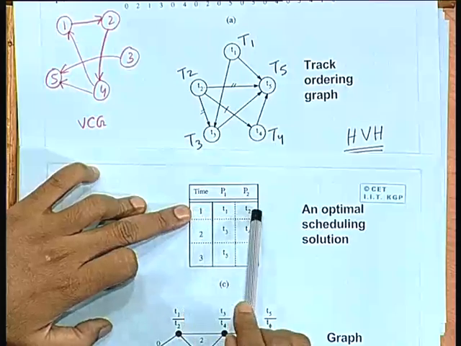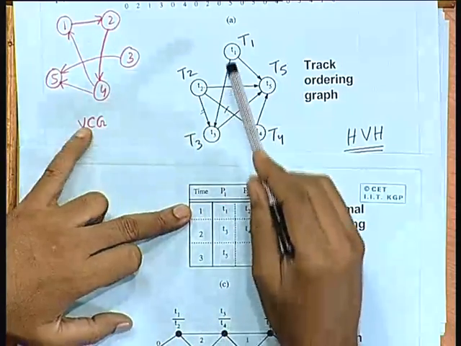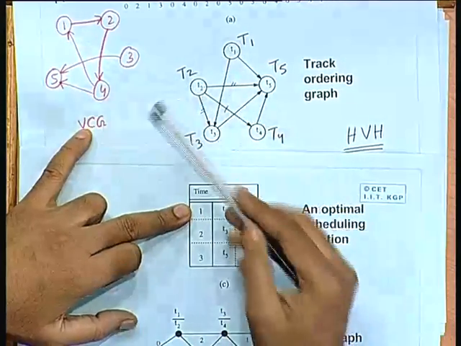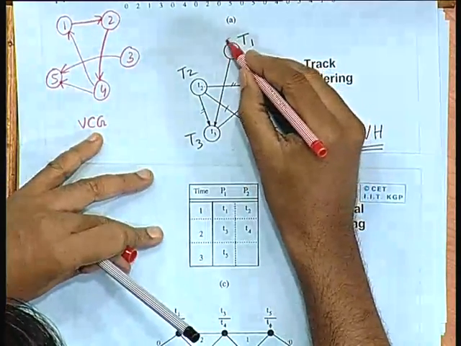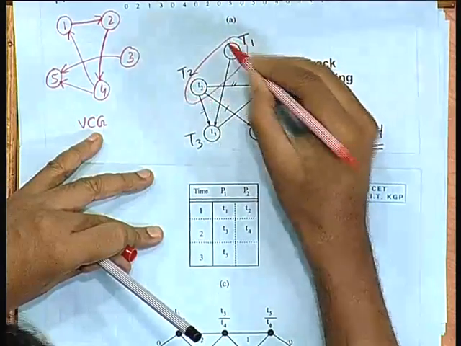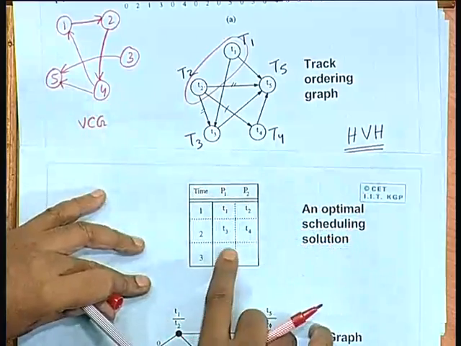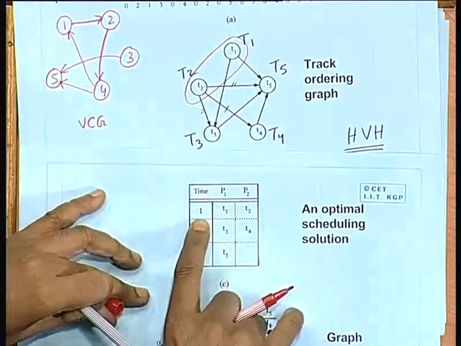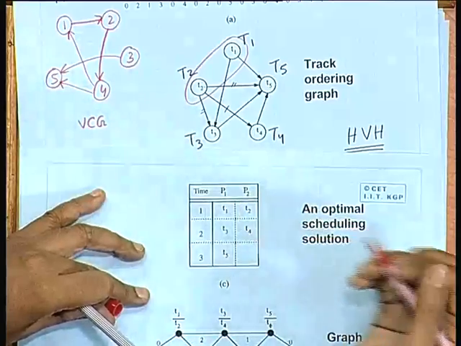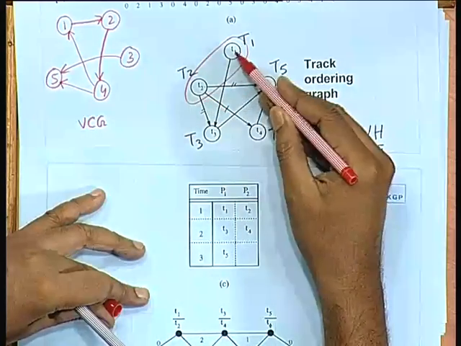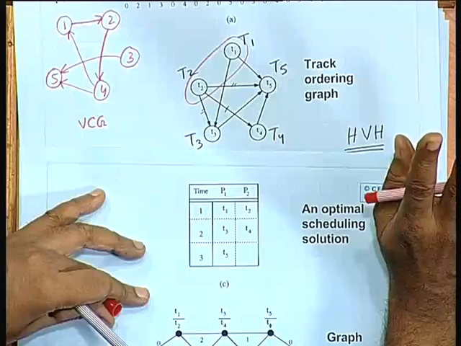In the first step, you can assign T1 and T2. There is no edge between them, so this can be assigned to the first track. In terms of the processor scheduling analogy, we are considering it the first time unit. These are the two processors, as if. This is an analogy you are taking. After these two are done, these edges are also done with.